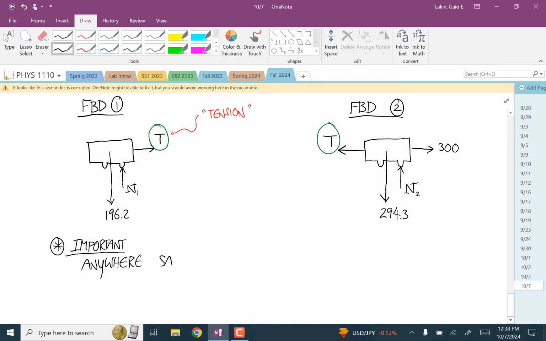Anywhere the same cable attaches to bodies, it applies a force with the same magnitude.